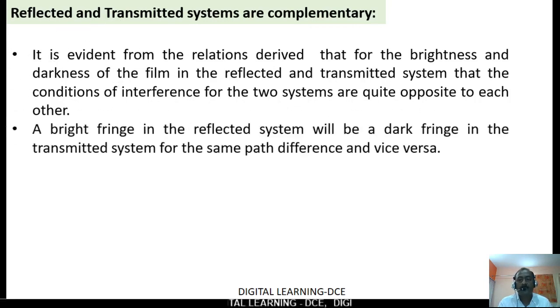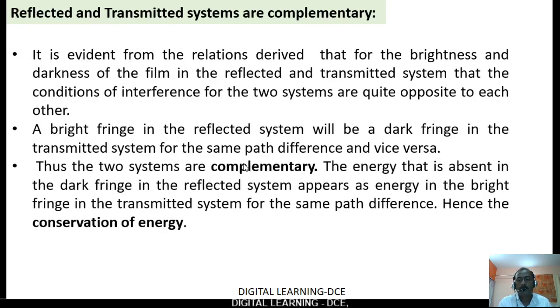A bright fringe in the reflected system will be a dark fringe in the transmitted system for the same path difference and vice versa. Thus the two systems are complementary. That means the energy that is absent in the dark fringe in the reflected system appears as energy in the bright fringe in the transmitted system for the same path difference. Hence the conservation of energy.